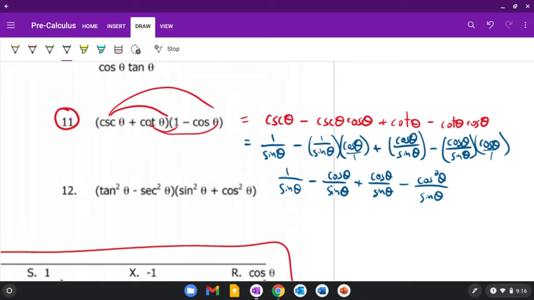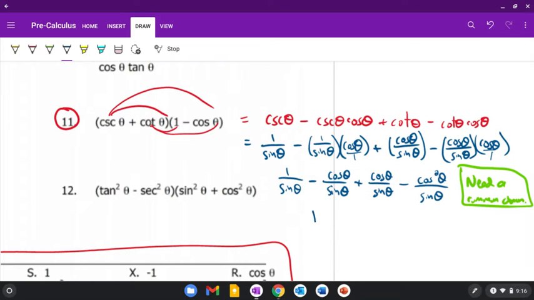And now what you'll notice is something that we must have. For all fractions, remember, we need a common denominator. So if there is a case where you don't have a common denominator and you need to add and subtract fractions, you need to get one. This works out so that there is a common denominator, so that's good news for us. So what we can then do is combine these all together.